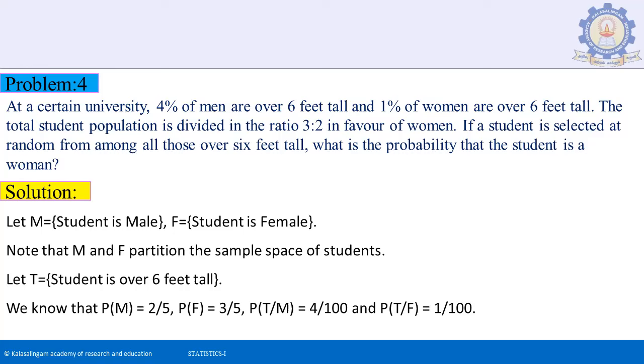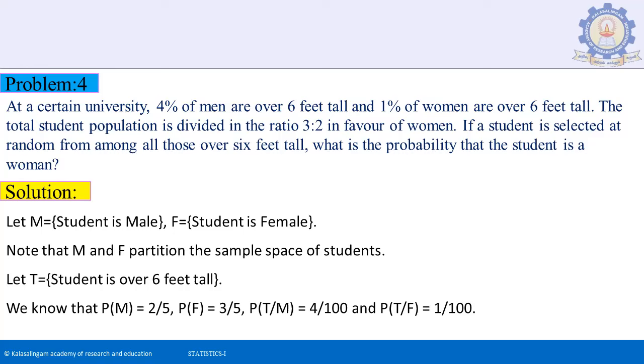Solution. Let M be the student is male. F means the student is female. Note that M and F partition the sample space of students. Let T be the student is over 6 feet tall. We know that the probability of male should be 2 by 5.